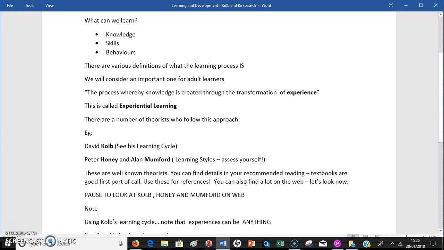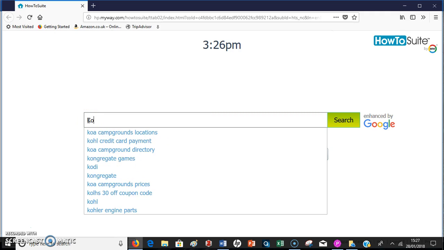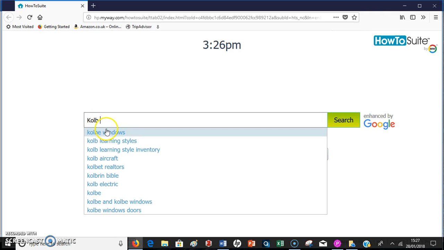Okay, let's have a quick look now and see if we can find Kolb, Honey and Mumford and other people on the web. Okay, so here I am, just in the usual search situation. I'll just put Kolb up here, and straight away you get quite a lot of different things because he's so famous. Let's have a look at Kolb and learning styles.